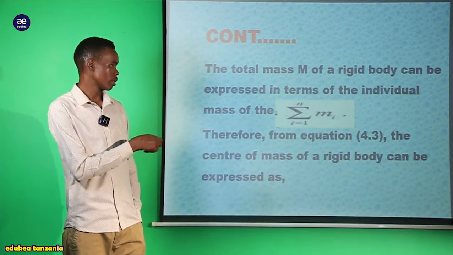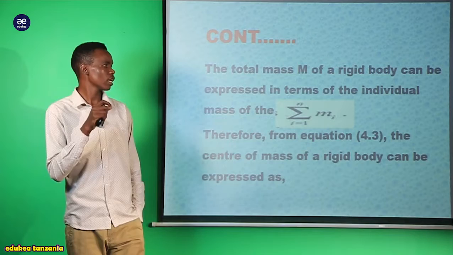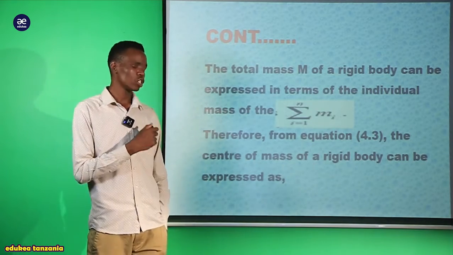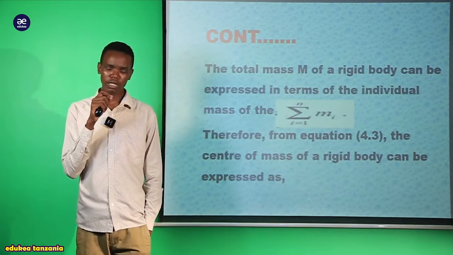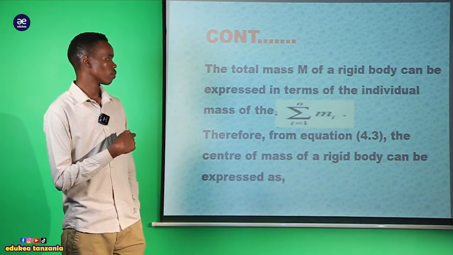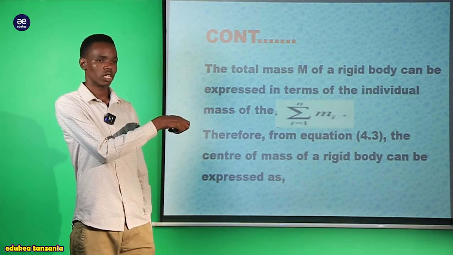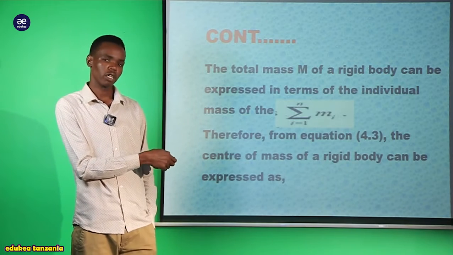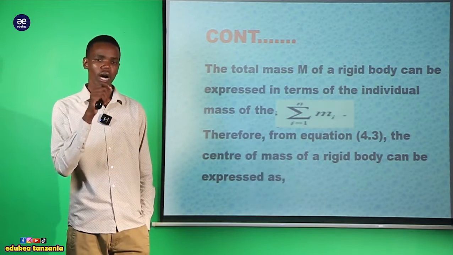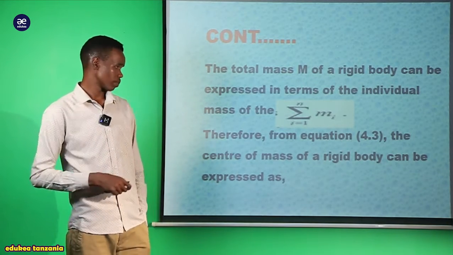So in order to represent the total mass of the rigid body, we must express it in terms of the individual masses, that is the summation of i equal to 1 up to n, when we have so many masses.